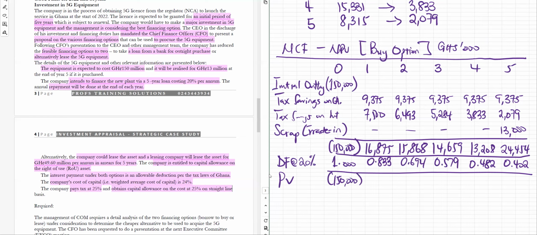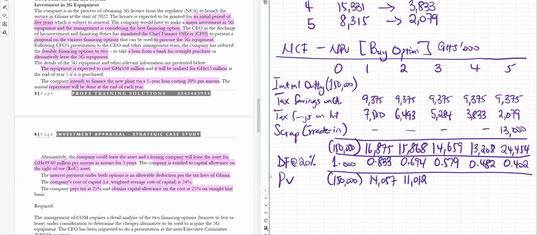We now need the 16,875 by 0.833. I end up with 14,057. Then I have 15,868 going by 0.694, and that gives us 11,012.